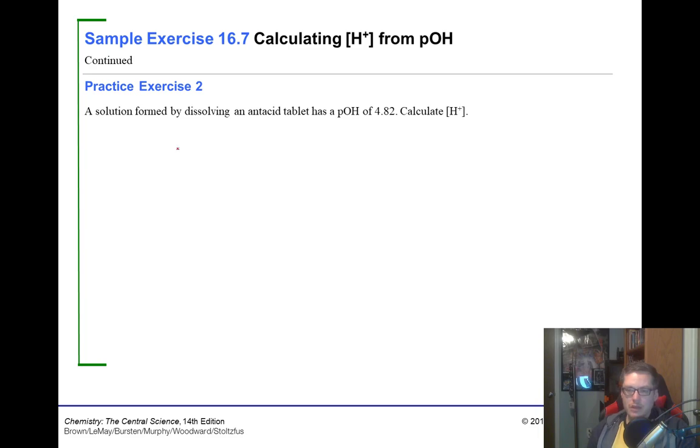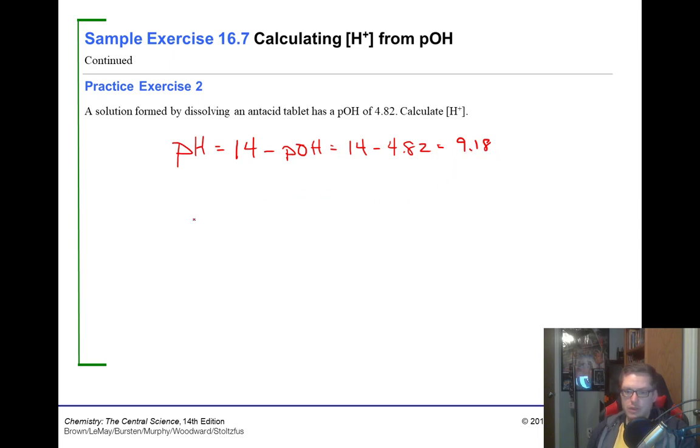So from before, we know that pH is going to be equal to 14 minus our pOH, so that means it would be 14 minus 4.82. All right, so I got 9.18. So that's the pH value.